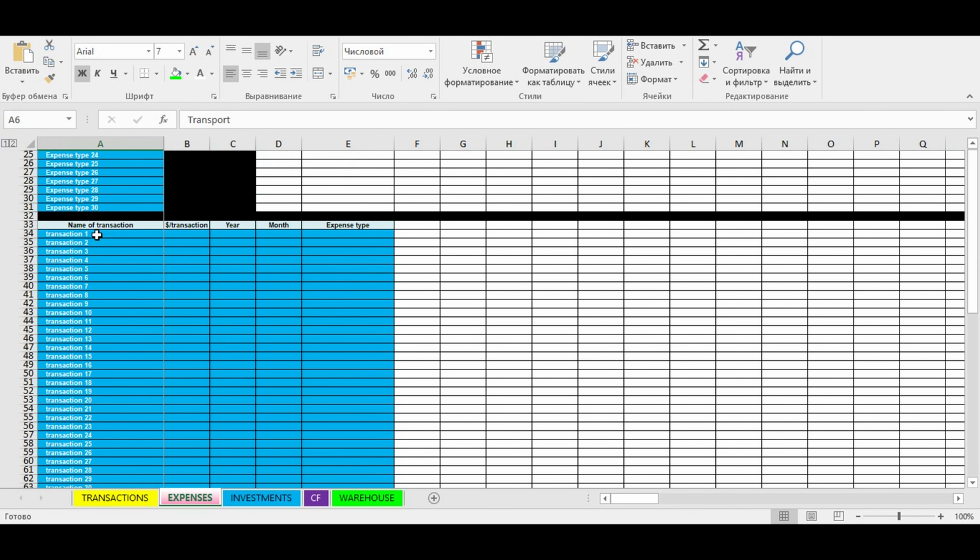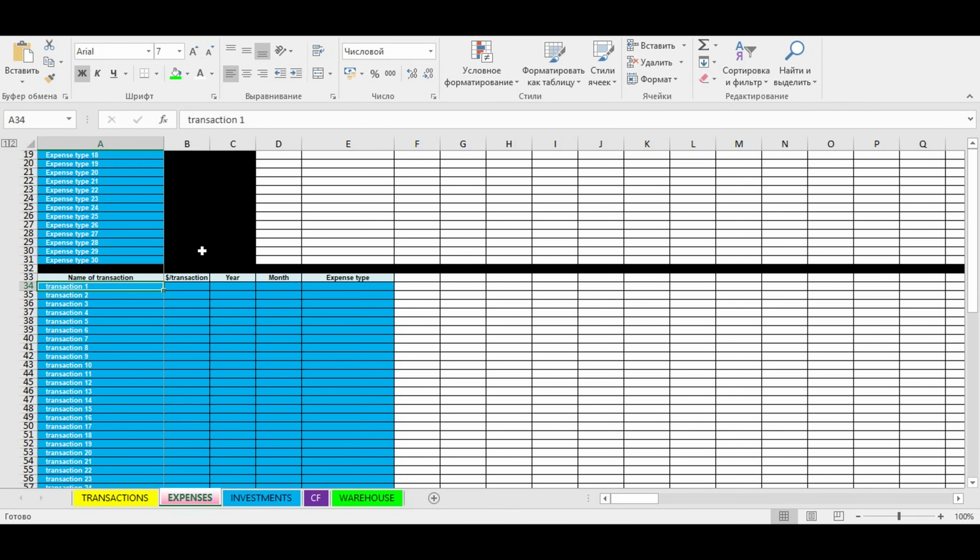And now if we go down, we will see the list of transactions where you can set up different types of expenses, and now I will show you how it's done. For example, we pay profit tax.